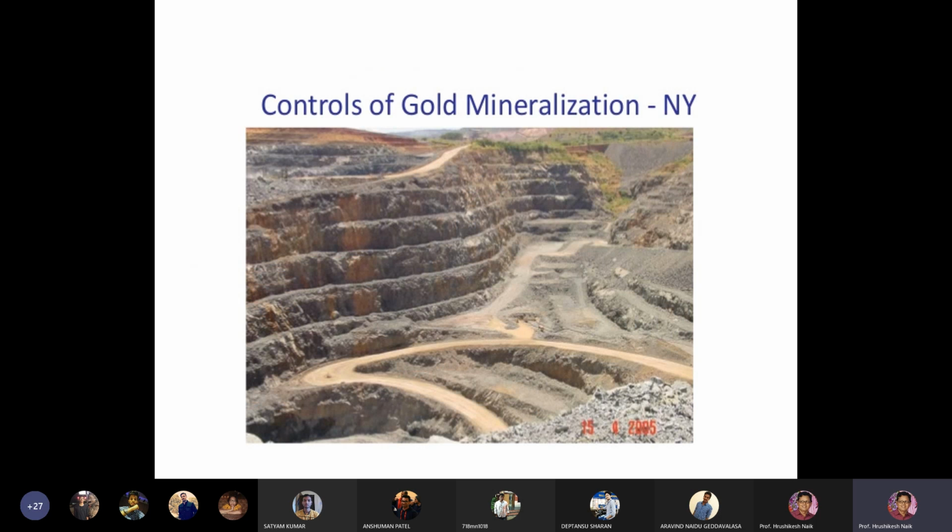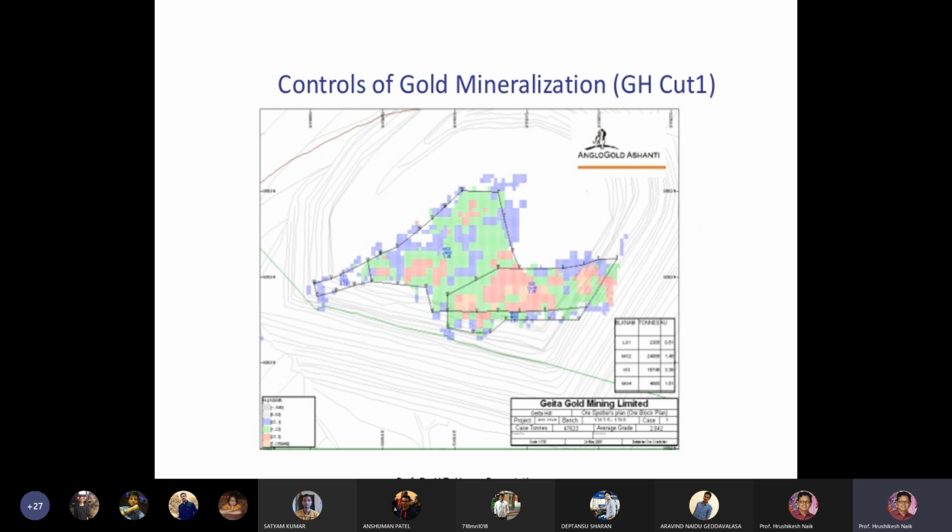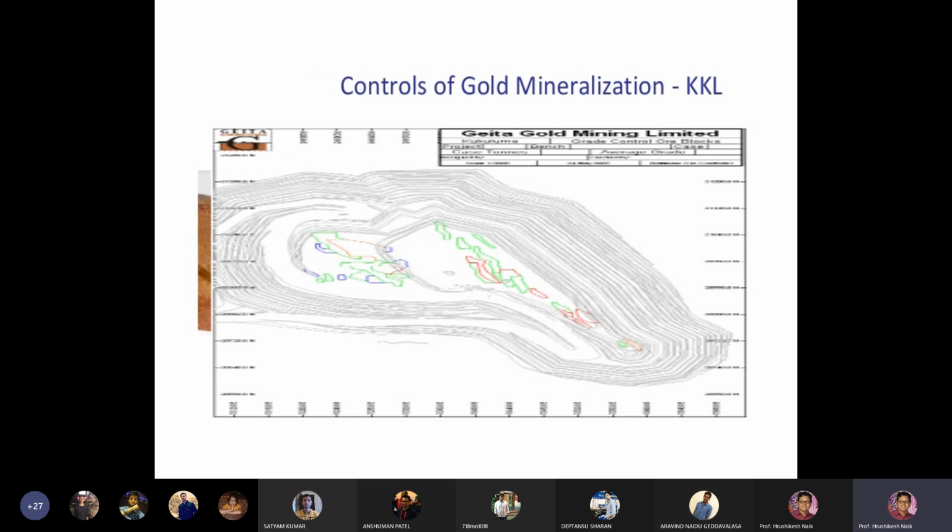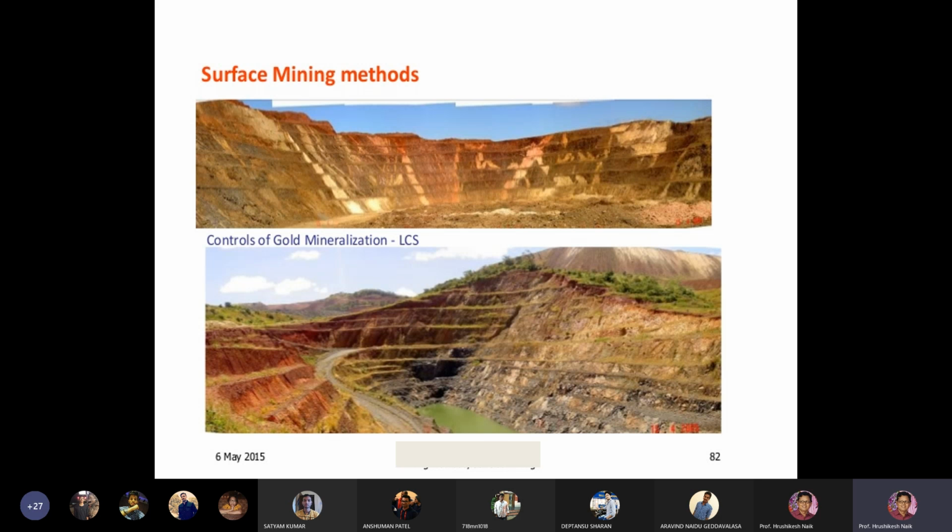So these are the controls of gold mineralization in the surface mining method, and the controls of gold mineralization simulation modeling is carried out by this method. And this is the mining view where the gold mining is carried out. This is the surface mining method, and this is the control of gold mineralization in surface mining methods.